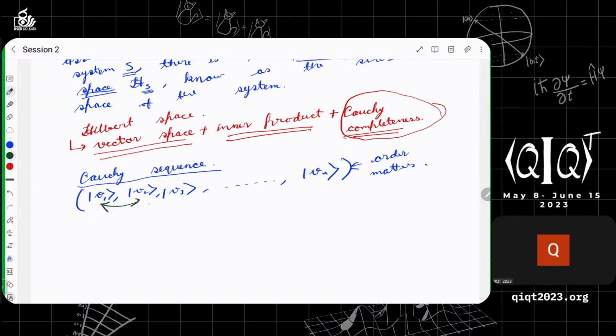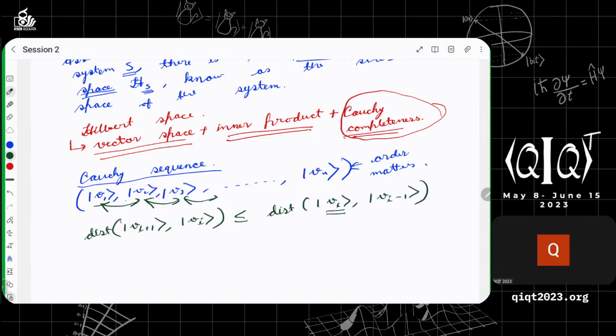That means the distance between V1 and V2 is more than the distance between V2 and V3, more than the distance between V3 and V4, and so on. In other words, the distance between Vi plus 1 and Vi is less than the distance between Vi and Vi minus 1.